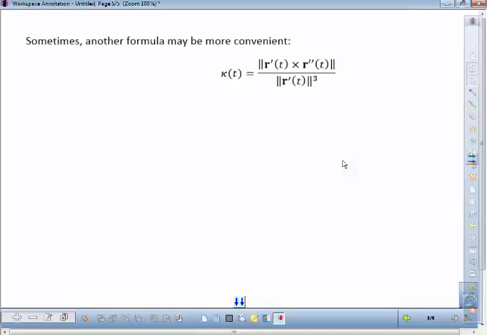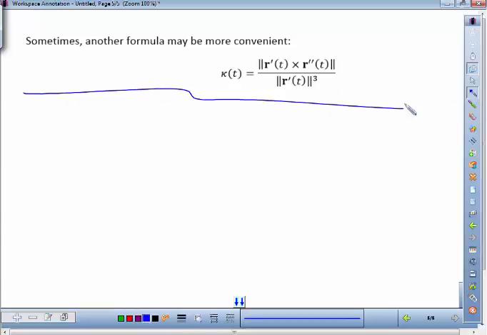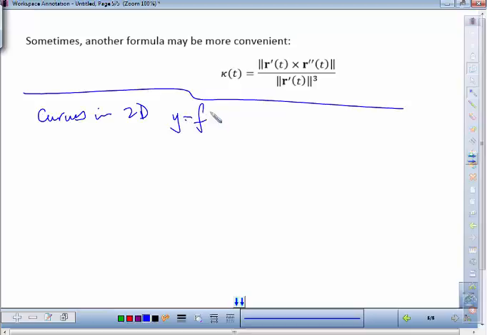Let's do this as an example, and then find a more specialized formula for the curvature if we're talking about 2 dimensions. So curves in 2D of the form y is equal to f of x.